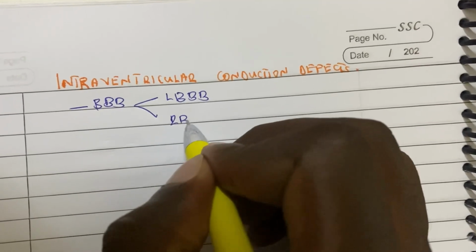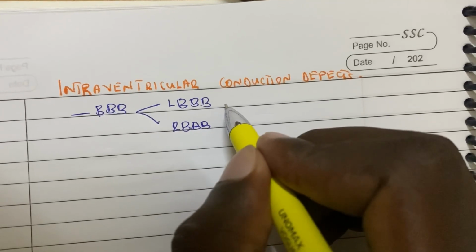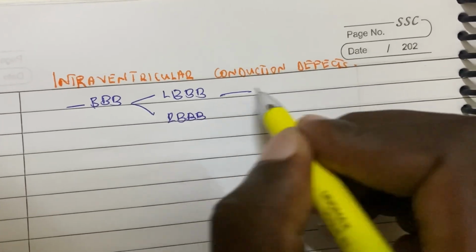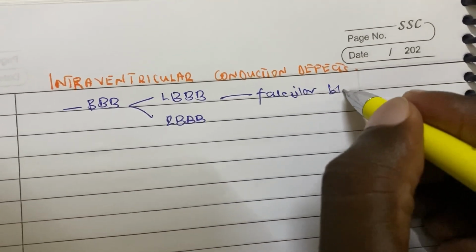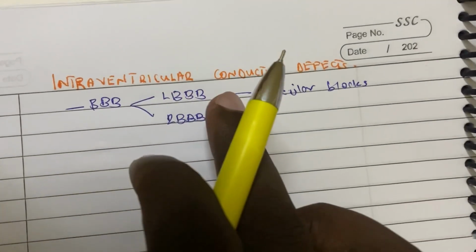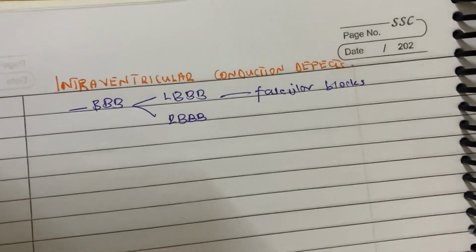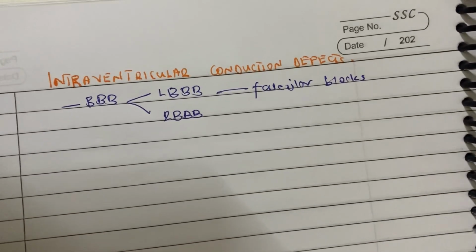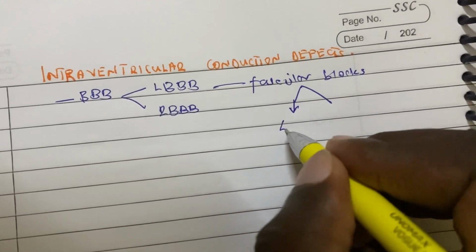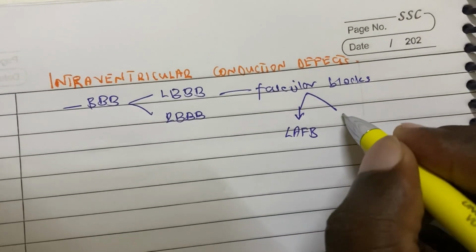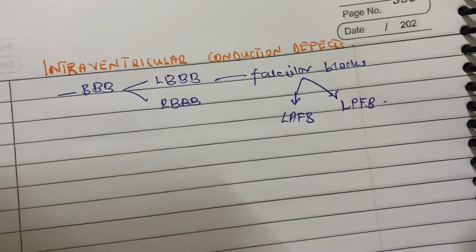And then there are fascicular blocks, because the left bundle branch is divided into the left anterior fascicle and the left posterior fascicle. So if one of those is blocked, we call it a fascicular block, and it can be left anterior fascicular block or left posterior fascicular block. Those two.